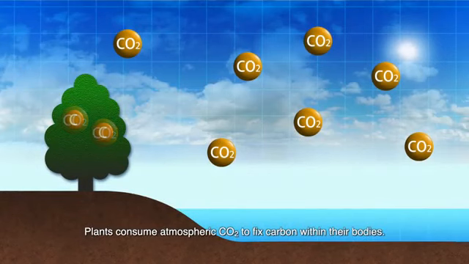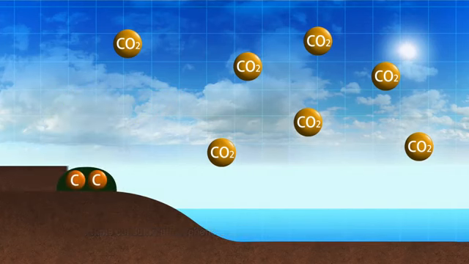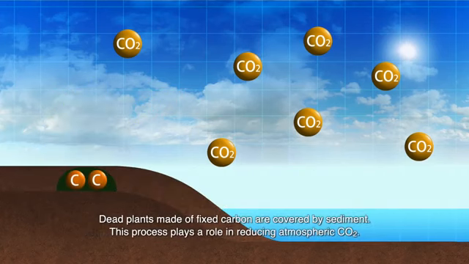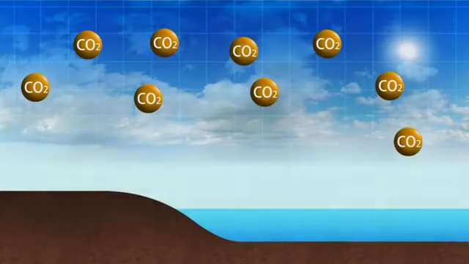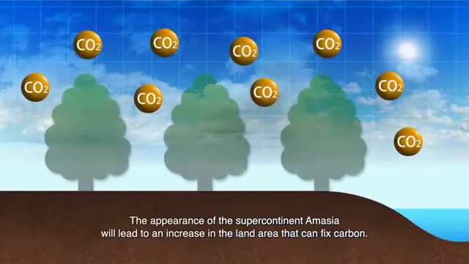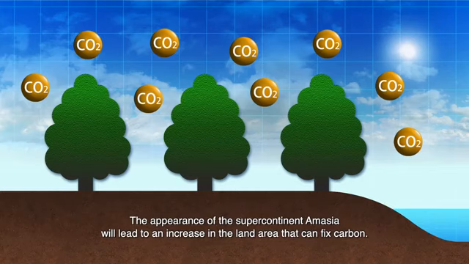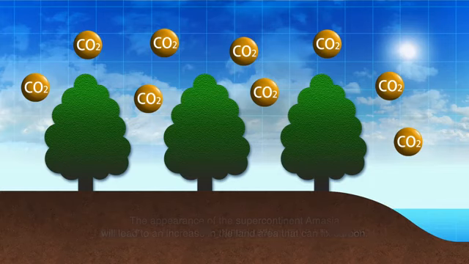Plants consume atmospheric CO2 to fix carbon in their bodies. Dead plants made of fixed carbon are covered by sediment. This process plays a role in reducing atmospheric CO2. The appearance of the supercontinent Amasia will lead to an increase in the land area that can fix carbon.